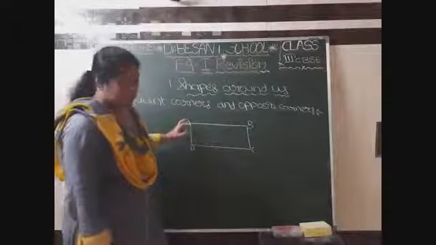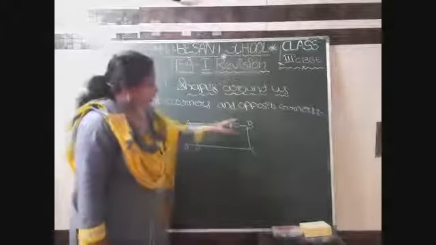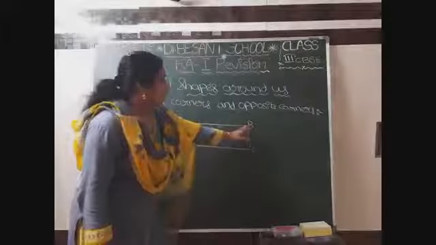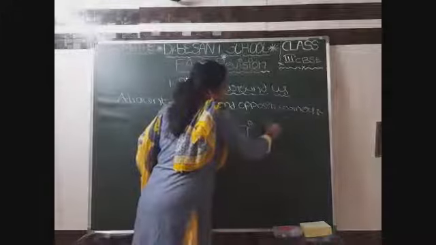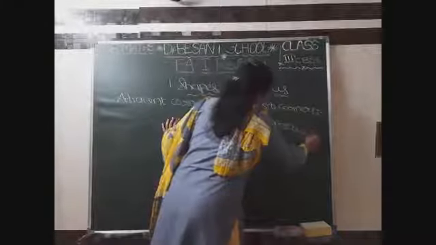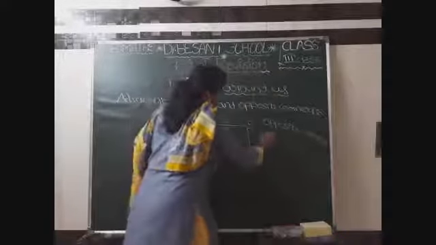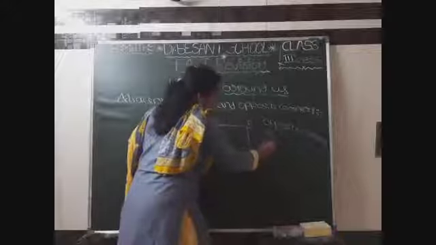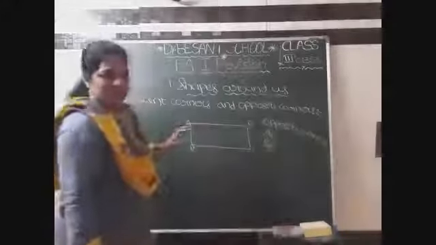See, children, for this rectangle A comma C are opposite to each other, and B comma D are opposite to each other. What are the opposite corners? Say, children. AC comma BD. AC are opposite corners, comma BD are opposite corners.